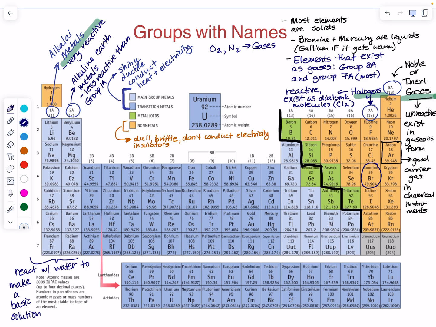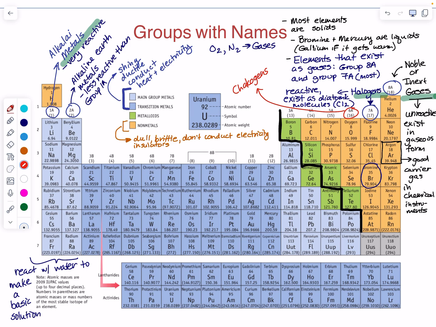All right, so the one thing that we haven't talked about yet, so we've talked about our 4 big group names. The other group that we can talk about is group 6A, which are known as the chalcogens. Chalcogens. And that's the group that has oxygen in it, okay?